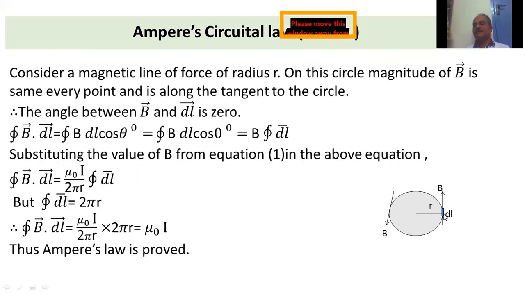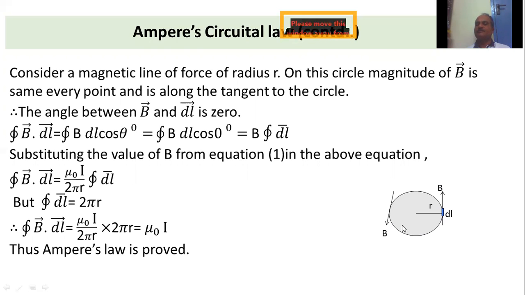We have considered a point at a distance r, the radius of this circle, and we are considering an elemental path dl. At this point, the direction of the magnetic field is in this direction, and along this circular path the magnetic field is uniform.